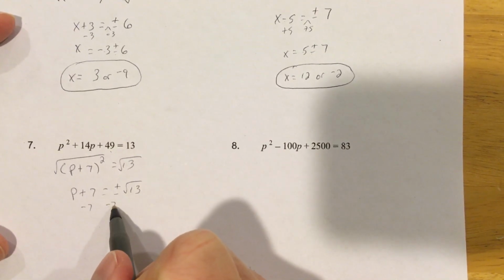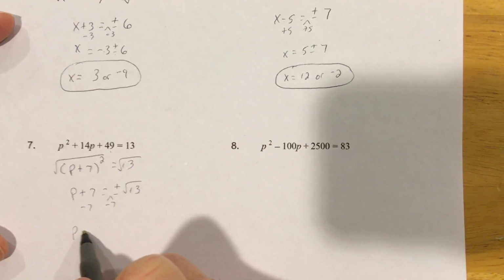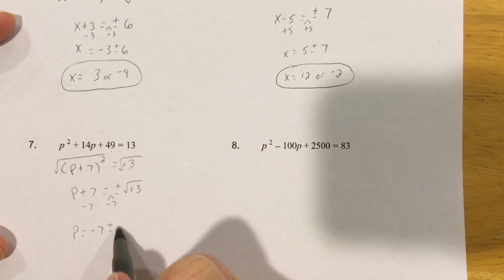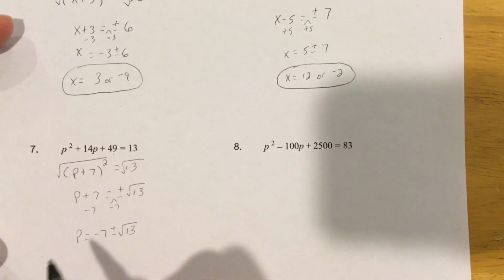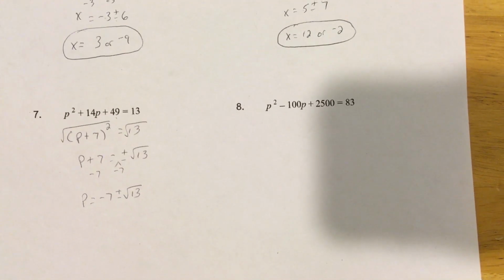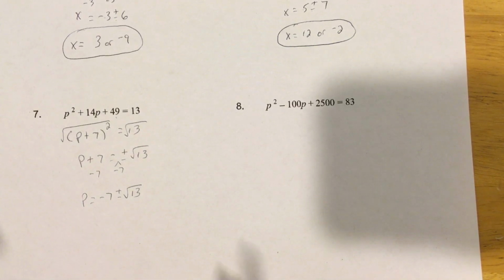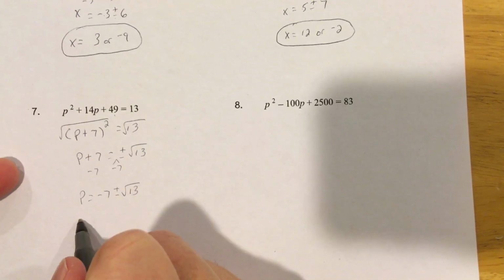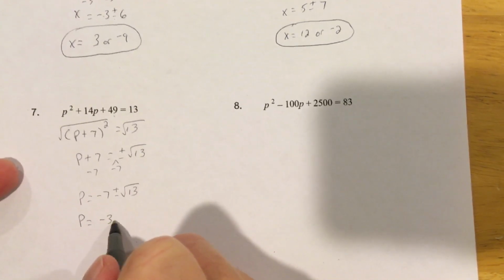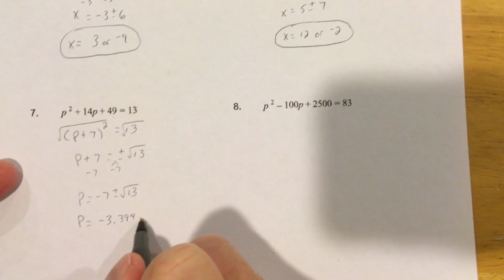And we'll go negative 7. Throw that in front. So this is a fine way to write it. In fact, you'll see that on like an ACT or some other thing. They'll just leave it like that, no big deal. But if we did want to go ahead and see what that was, you could do negative 7 plus the square root of 13 and get negative 3.394.